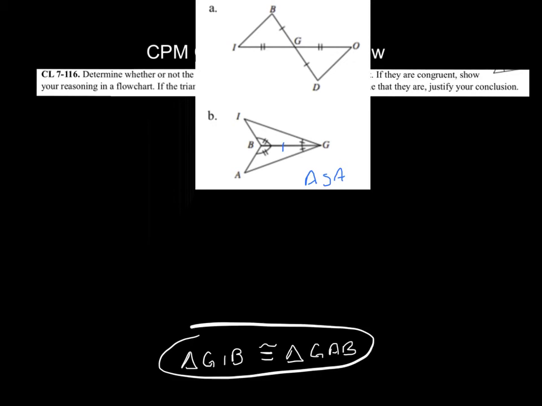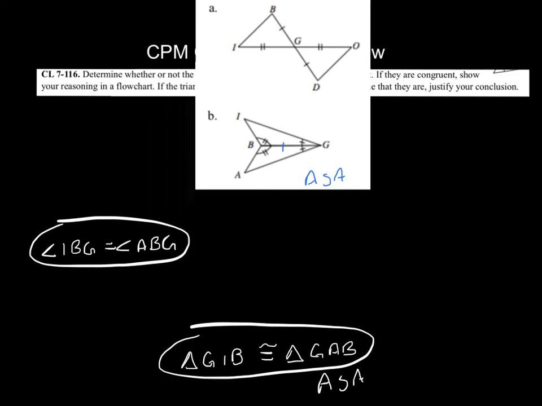We already know it's an angle, side, angle. We can tell that from the picture. Now we just need to finish the proof with your angle, your side, and your angle. So start with the first angle. Angle IBG is congruent to angle ABG. That is a given.